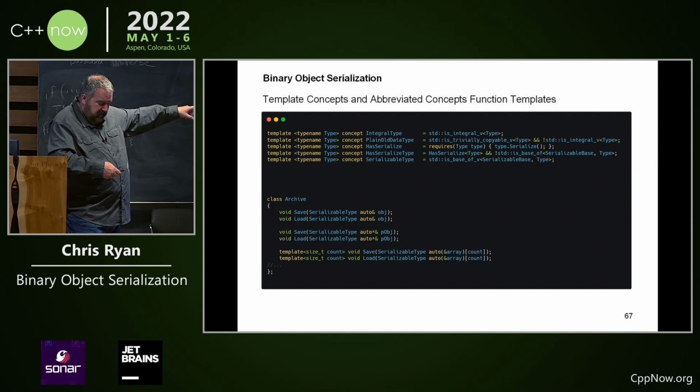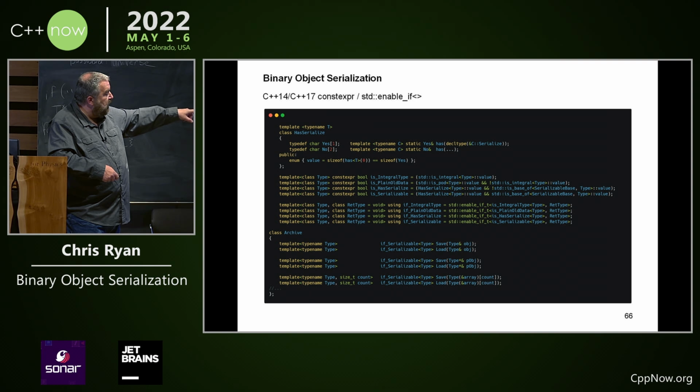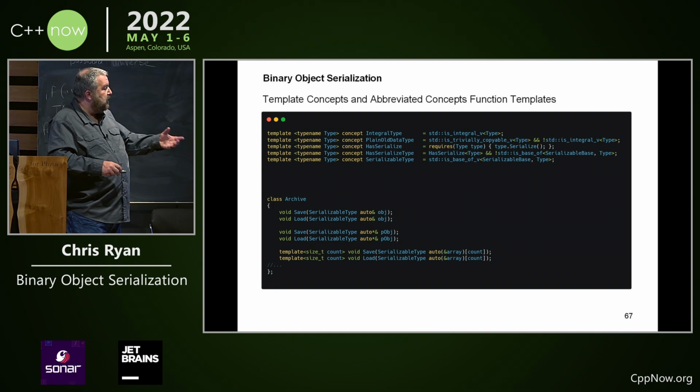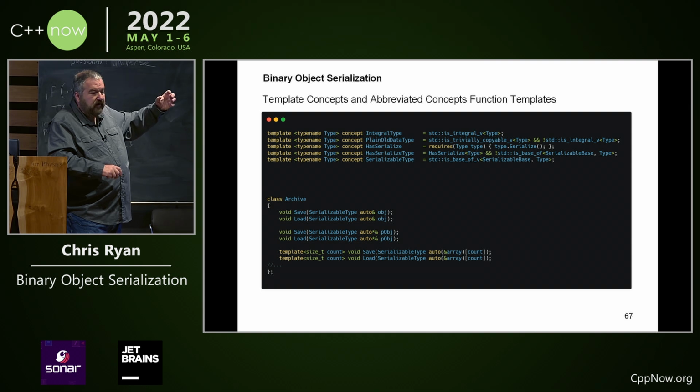Rather than the somewhat longer, complicated enable_if serializable, it just becomes a concept, and you say save serializable type auto, and save serializable type auto pointer reference object. And this is using abbreviated concepts, template functions or function templates, such that it becomes very readable.